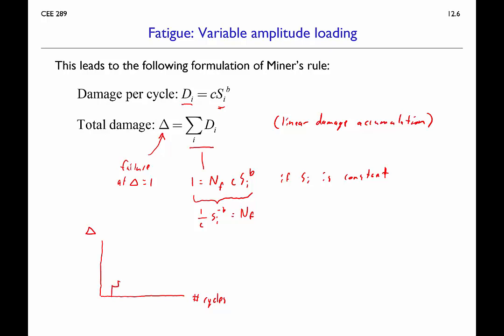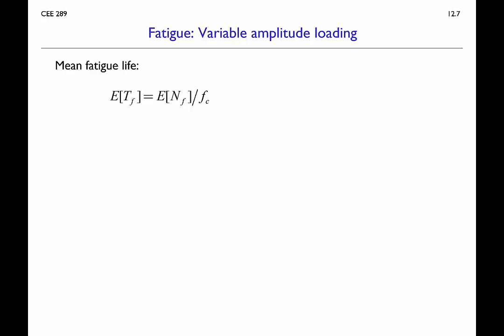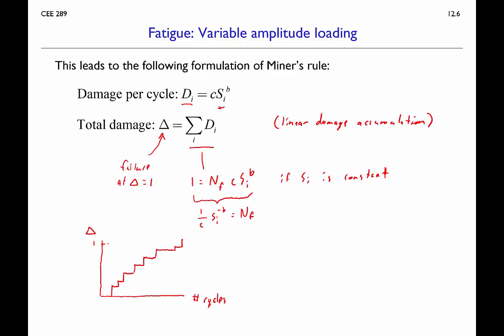In some cycles, we accumulate more; in some cycles, we accumulate less. We're moving along, and then once we reach 1, we're going to call that failure.